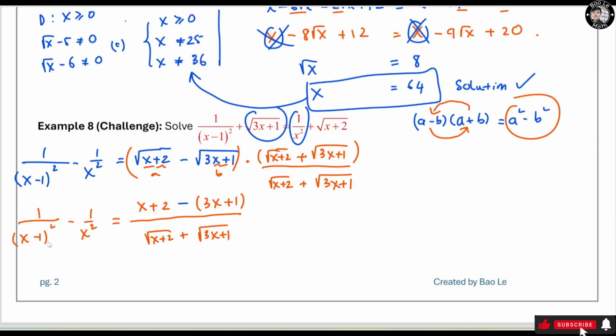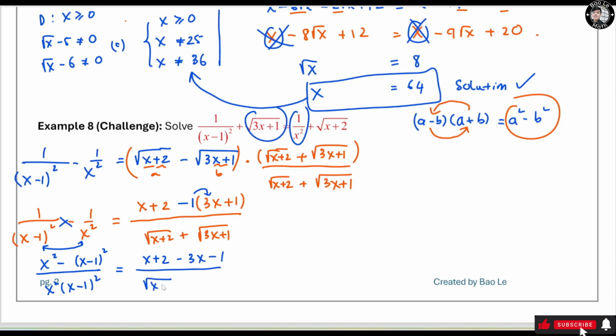Now the left hand side right here, we need to cross multiply, right? So this guy turns out to be s square minus s minus 1 altogether square over this guy multiplied by this guy, right? The right hand side, we just distribute negative 1, right? So it could be s plus 2 minus 3s minus 1 over square root of s plus 2 plus square root of 3s plus 1, right?